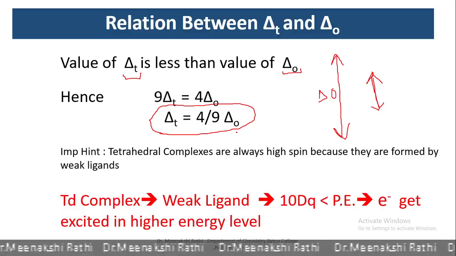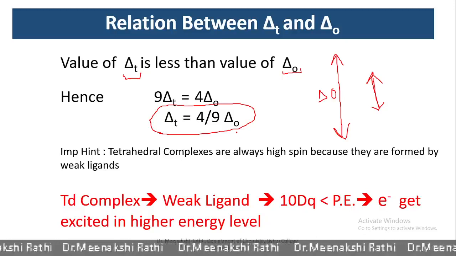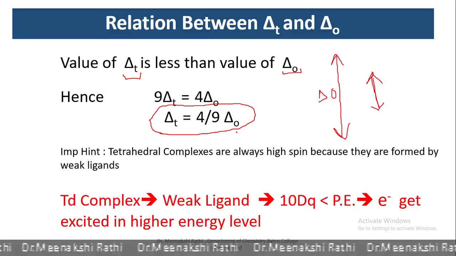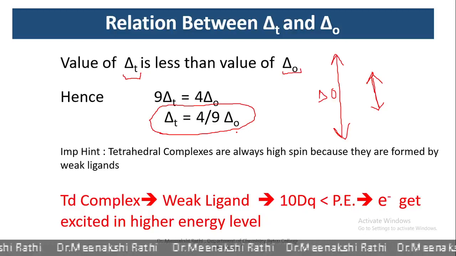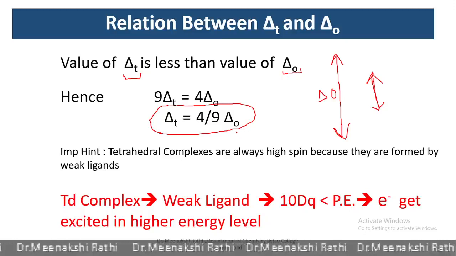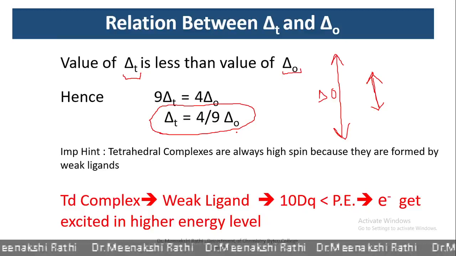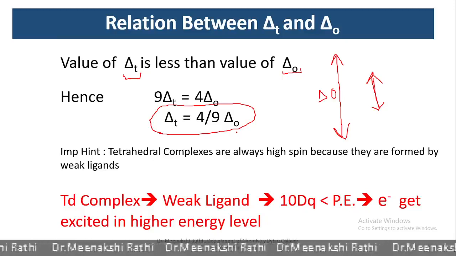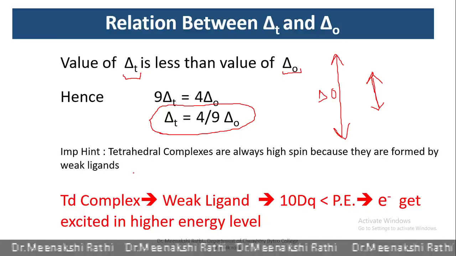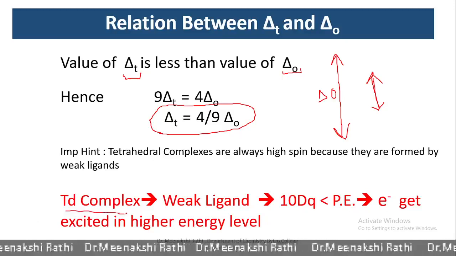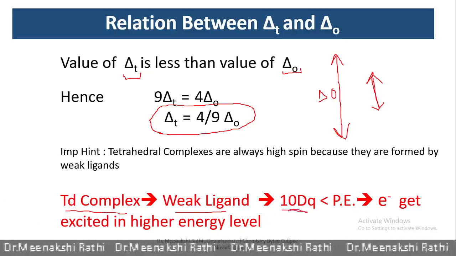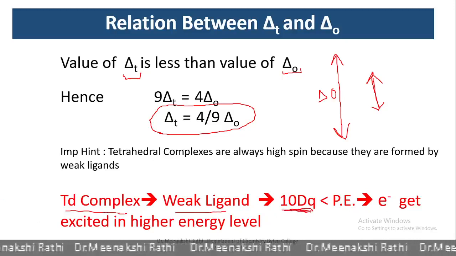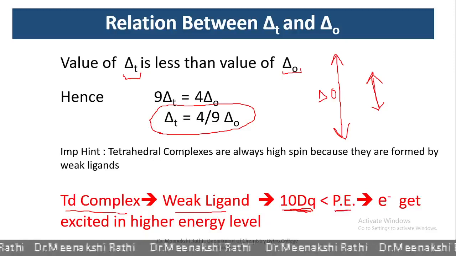Now, one more interesting thing you need to remember is that a tetrahedral complex is always a high spin complex, because generally tetrahedral complexes are formed by weak ligands. And that's why in tetrahedral complexes, as the ligands are weak, the splitting is always less than the pairing energy.